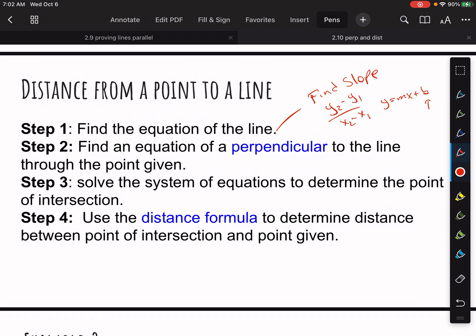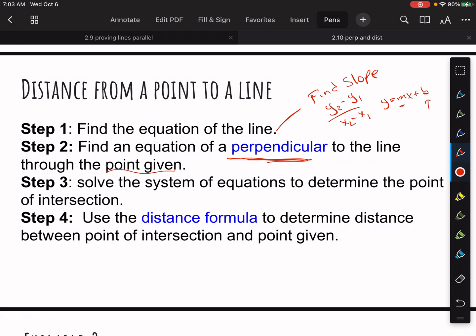Then for step 2, we're going to find an equation of a perpendicular to that line, which means we're going to switch the m that we found in the first step. We're going to flip and switch it, and then they're going to give us a new point. They're basically going to give us a point that the perpendicular line goes through.